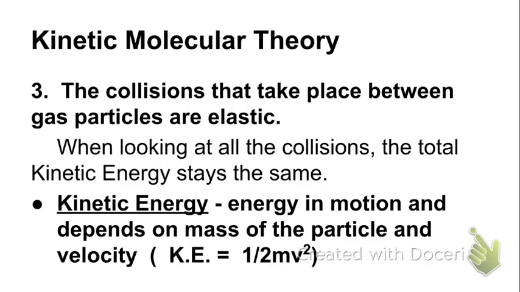So down here, at the bottom of the page, it says kinetic energy is energy in motion. And there's two things it depends upon, the mass and the speed of the particle. So if you look at this equation, kinetic energy equals 1/2 mv squared. Kinetic energy goes up if the mass goes up, and kinetic energy goes up when the speed goes up.